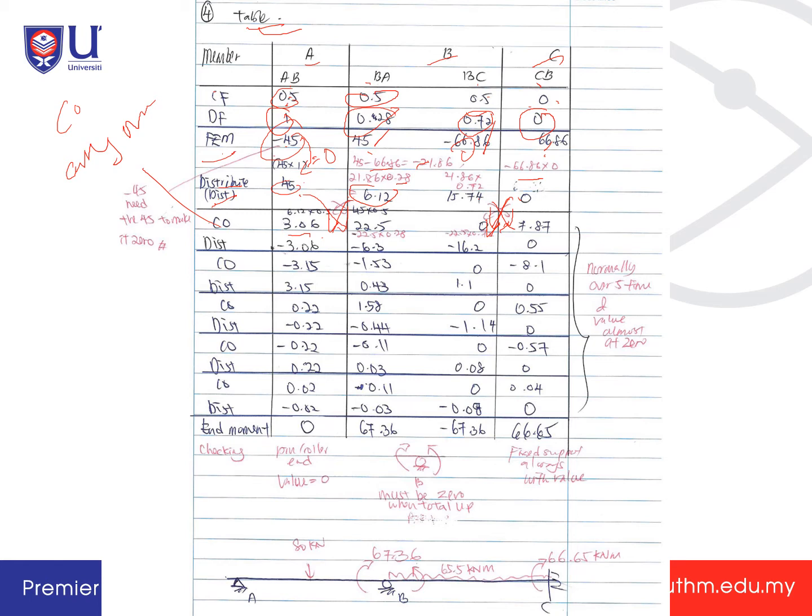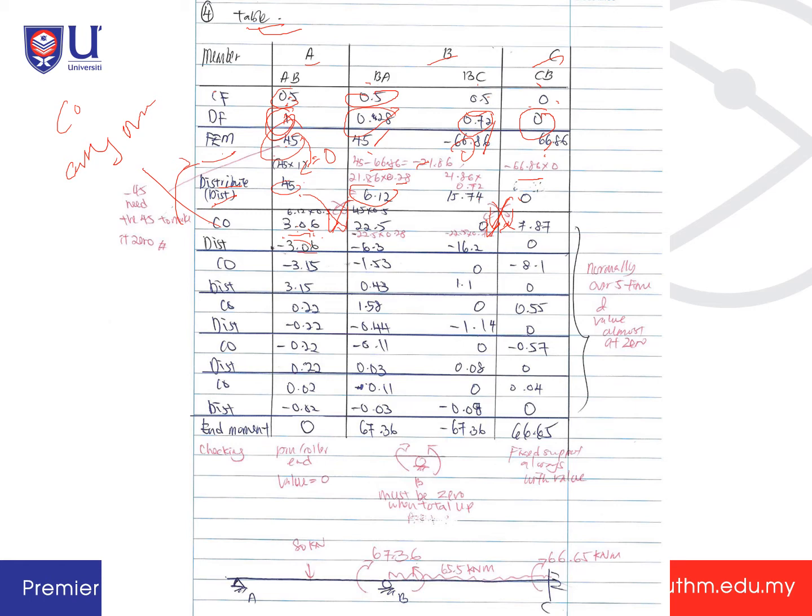So after that, you repeat the same step, same as this. 3.06 belongs to here. 3.06, you need to balance it, you need negative 3.06 to become 0. So negative 3.06 times 1, the distribution factor, you will get negative 3.06.